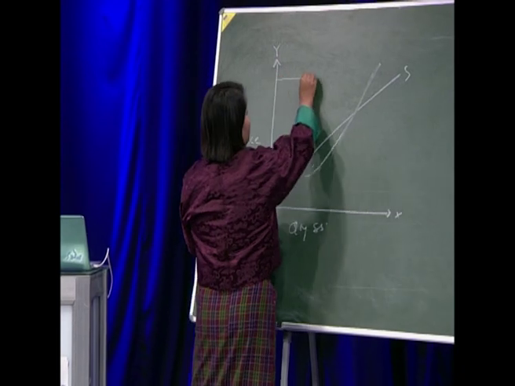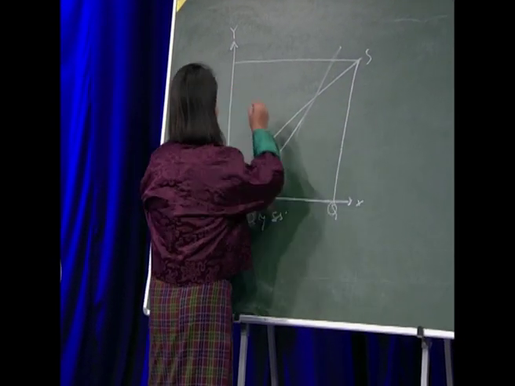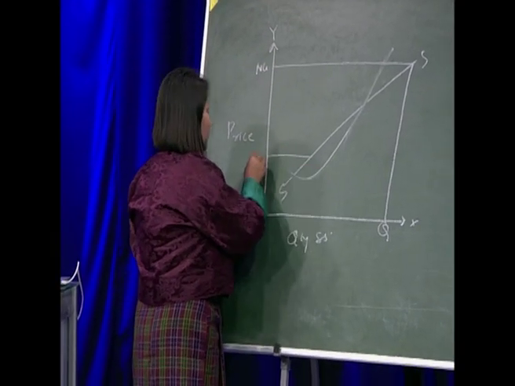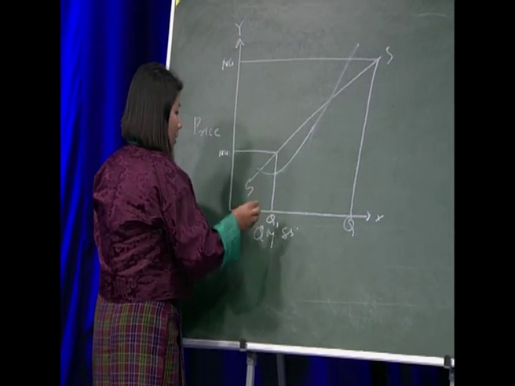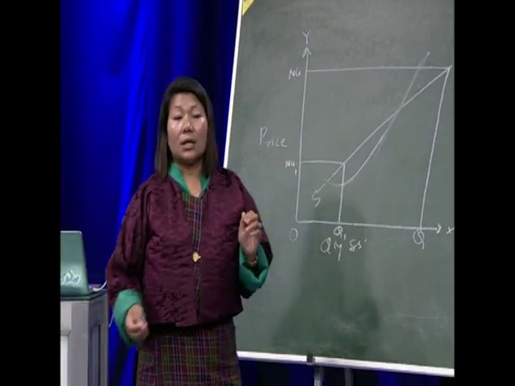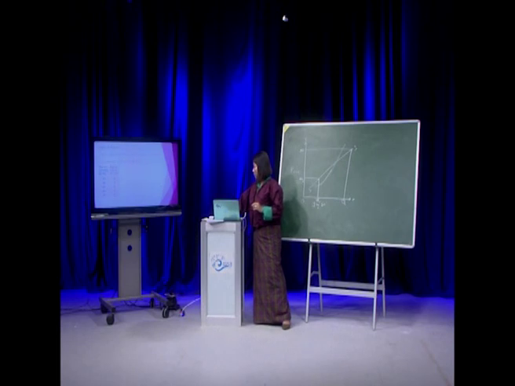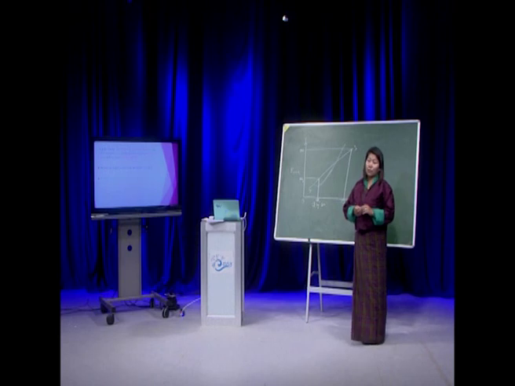By positively sloped, I mean the higher the price, the higher the supply. And if you look at this, the lower the price, the lower the quantity supplied. So this is how we derive the supply curve from the supply schedule.